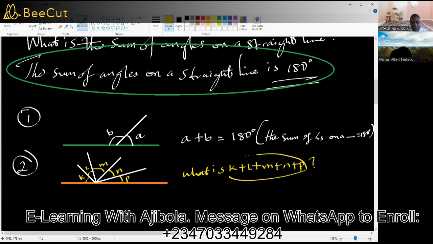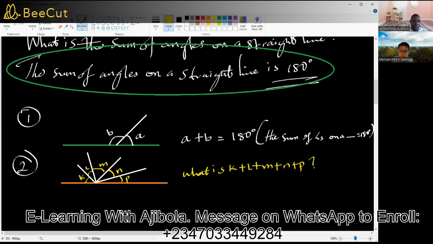If I add all the angles together, what will I get? Will it give me 90 degrees? What will it give me? No, it will give me 180 degrees.